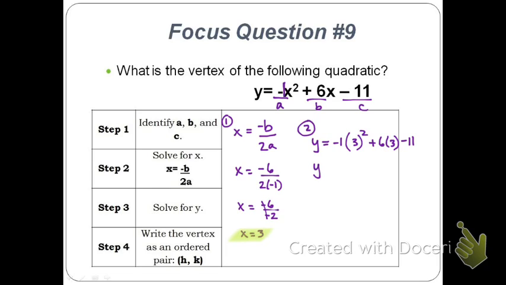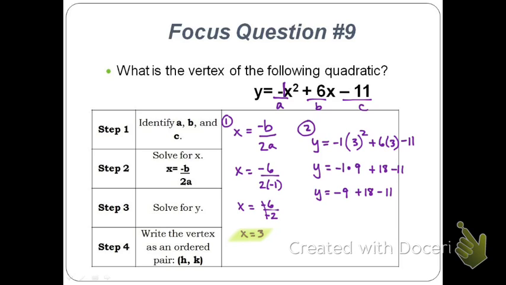Okay, now simplifying this, we have y equals -1 times, again, make sure you raise your exponent first, so -1 times 9, which I'm just going to simplify. That's going to be -9, and then if we have 6 times 3, it's plus 18, I'll drop that down, and then minus 11.